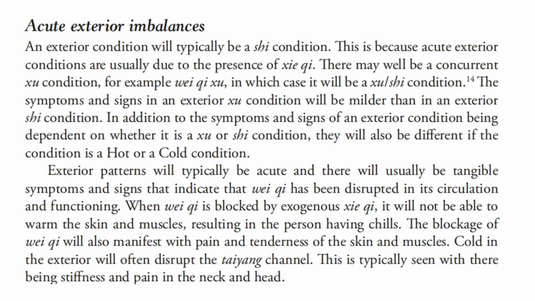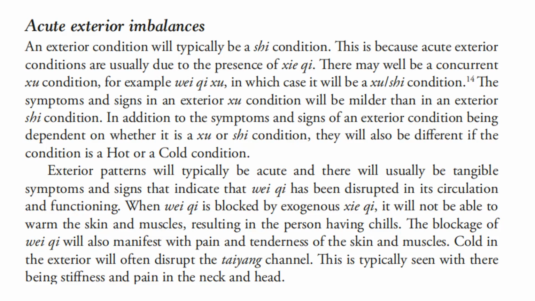The symptoms and signs in an exterior deficient condition will be milder than in an exterior excess condition. In addition to the symptoms and signs of an exterior condition being dependent on whether it is a deficient or excess condition, they will also be different if the condition is a hot or a cold condition.